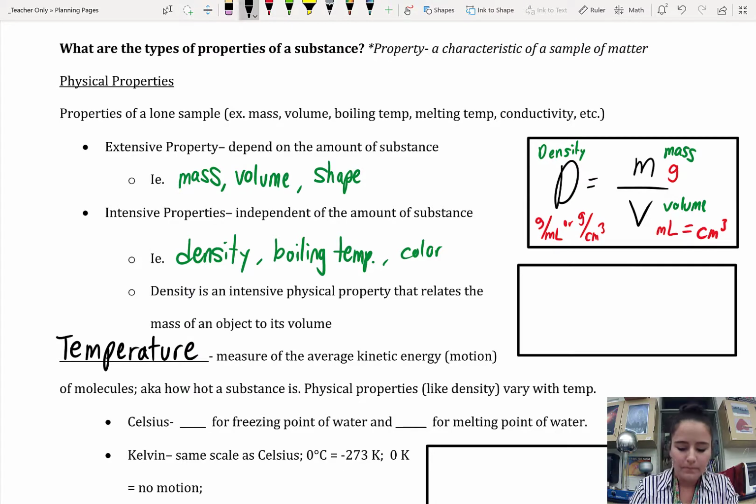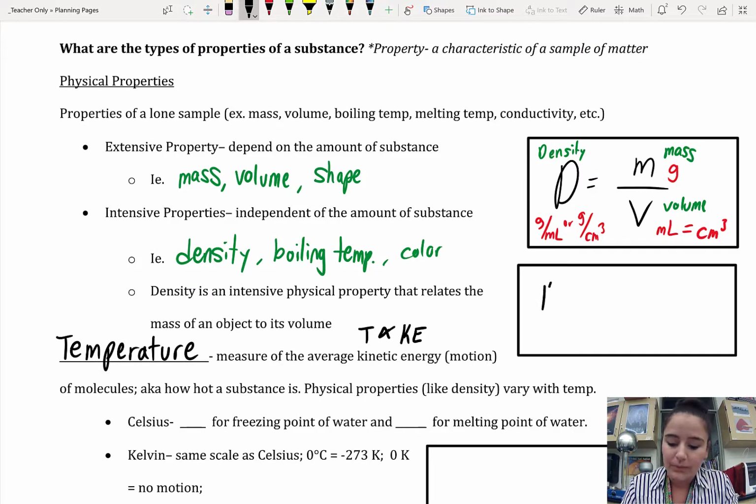Now, temperature is directly proportional to kinetic energy. That's what this little fishy sign means, directly proportional to. However, the actual equation that relates energy to temperature changes based on what molecule, what atom, what substance you were talking about. So we don't need to know that equation.